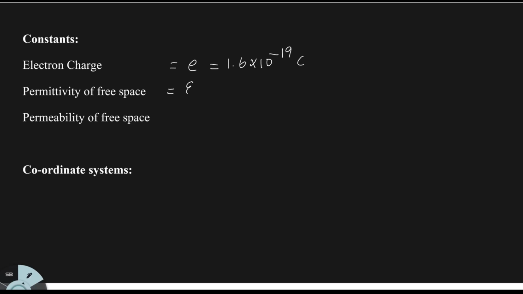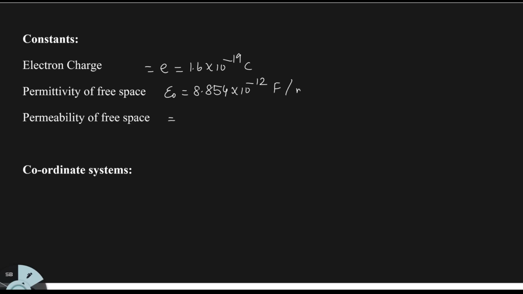Next, permittivity of free space is represented by epsilon naught, and its value is 8.854 into 10 power minus 12 farad per meter.